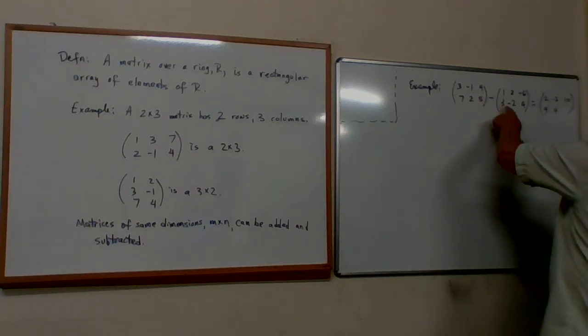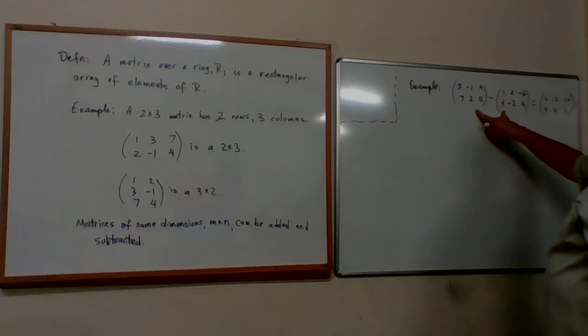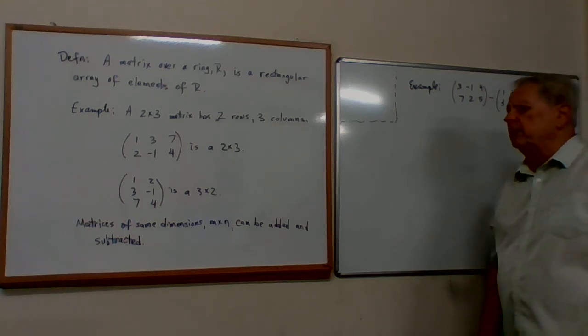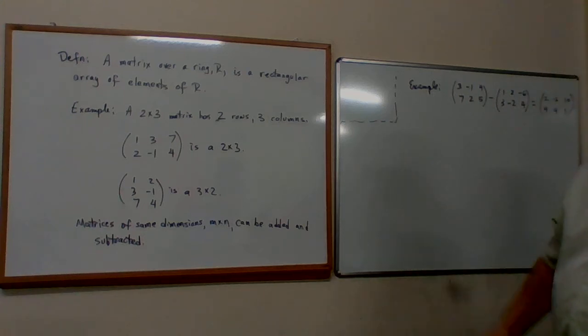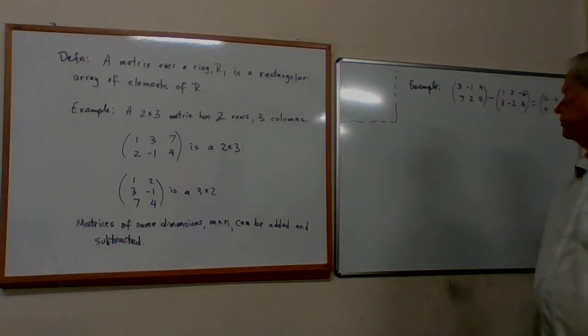And 5 minus 4 is 1. So the difference of these two matrices is this. The m by n matrices of any sizes m and n are closed under addition, they're closed under subtraction.